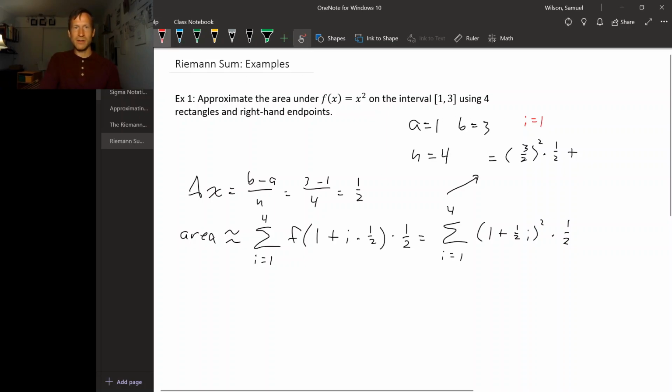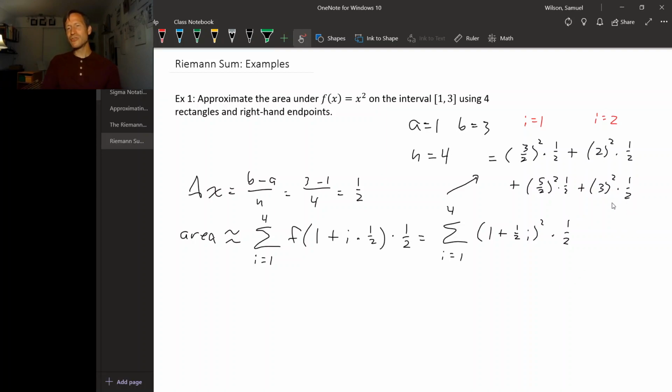For our i equals 2 term, we get 1 plus 1/2 times 2, so 1 plus 1 is 2, squared, times a half, plus. For the i equals 3 term, we get 5/2 squared times a half, plus. And finally, 6/2 or 3, squared, times a half. Then we could do all this arithmetic to come up with our approximate area.